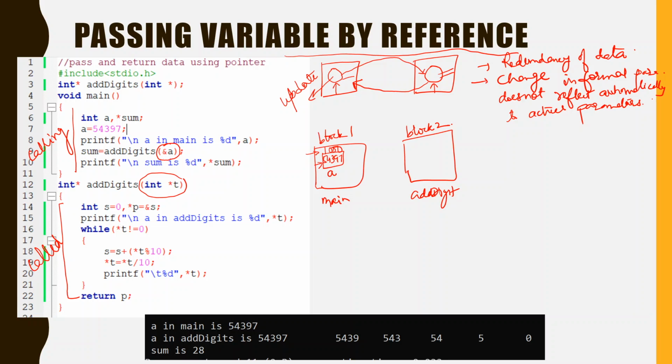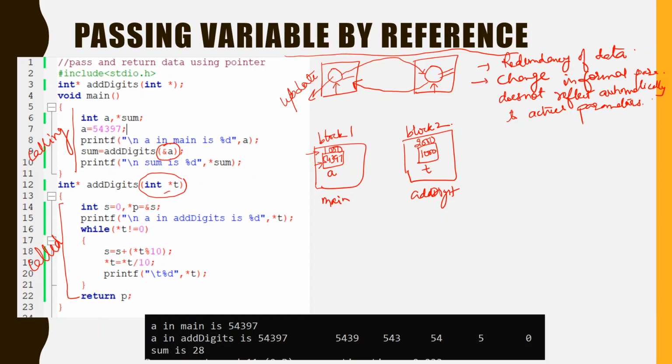Since it is an address, it requires a pointer to catch it. So suppose this is a pointer t, and it might have its own address 2000, and this t is going to store the address of the block 1 variable a.